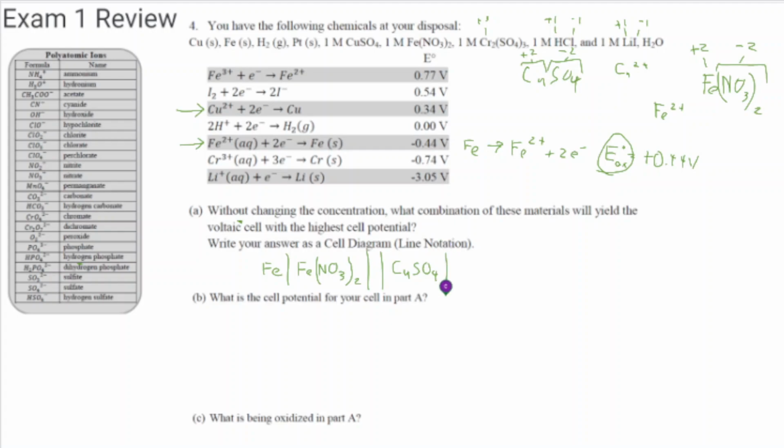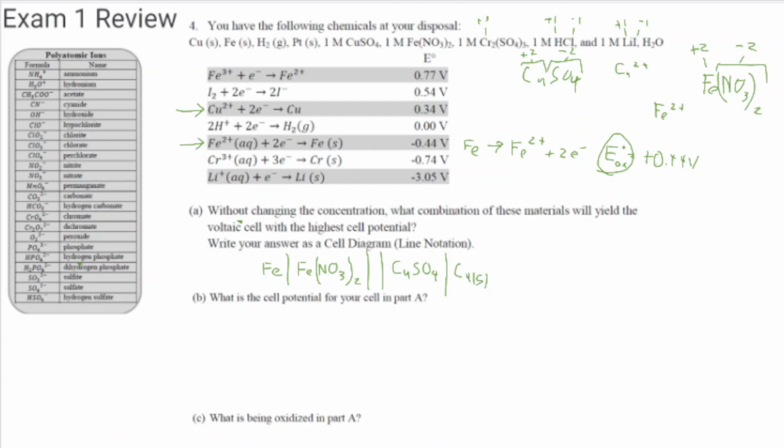Then we can put a line, and again, ideally you want to end with whatever the product is, if possible. And so we can put copper solid. Another legitimate thing you could have put here would have been platinum or some electrode that would be inert. But again, like I said, to prevent side reactions, normally it's just safer to put whatever your products are for each of those half reactions.